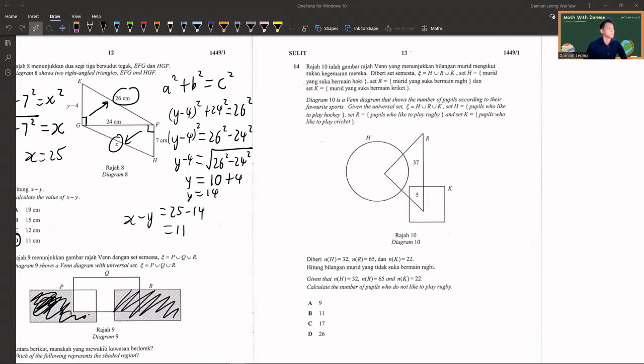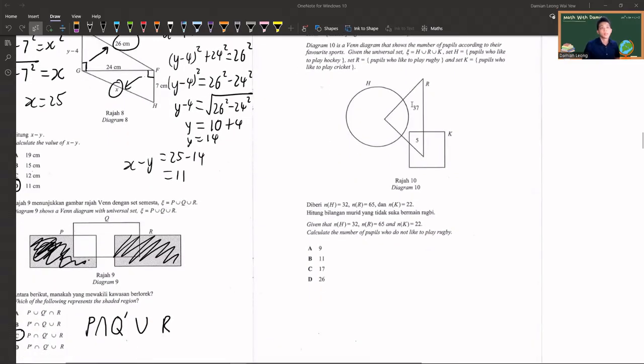Okay. So we have these three sets. I have number of students, bilangan murid di bahagian ini dengan bahagian ini, 37 dengan 5. Dan informasi yang diberi ini.